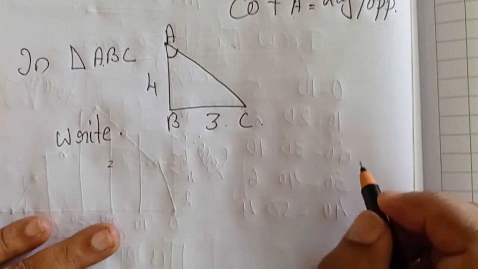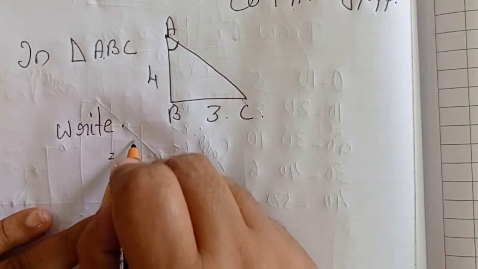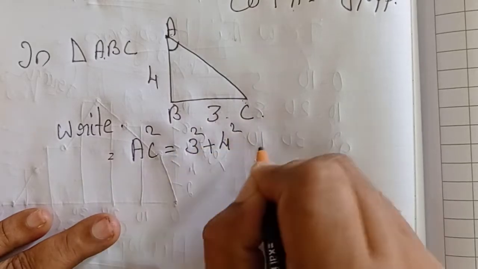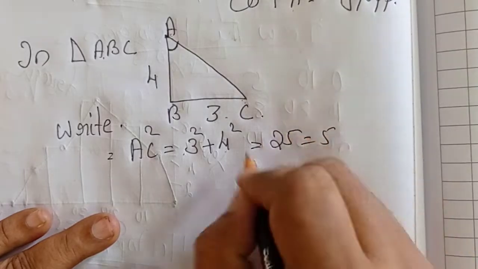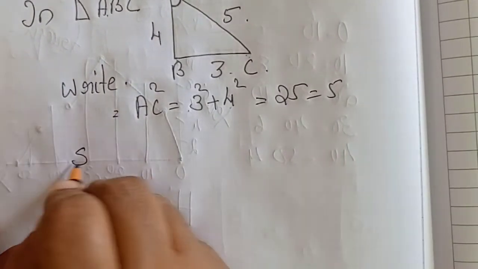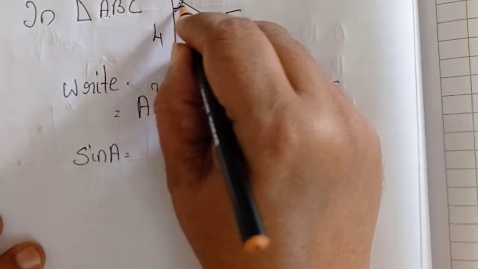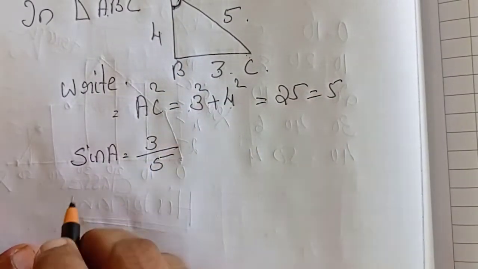By Pythagoras theorem, can you say what is hypotenuse square? Yes, hypotenuse square AC square equal to 3 square plus 4 square. 9 plus 16, that is 25, means 5. Root 25 is 5. Now write one by one. What is sin A? Sin A means opposite. Here we take the angle A, therefore opposite means 3 by 5.